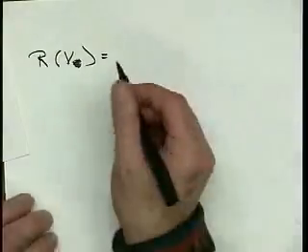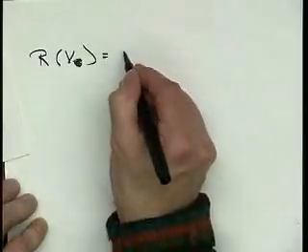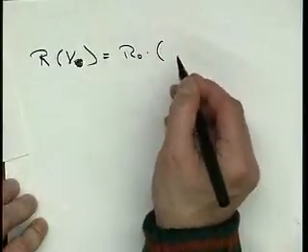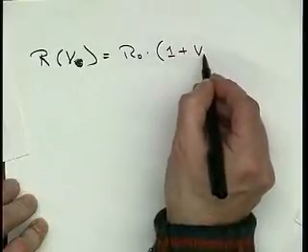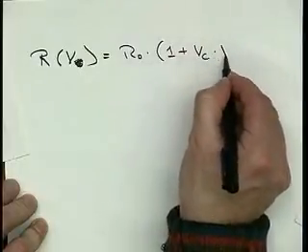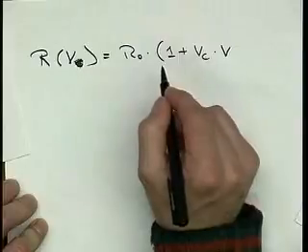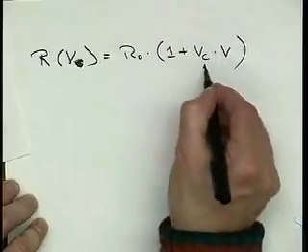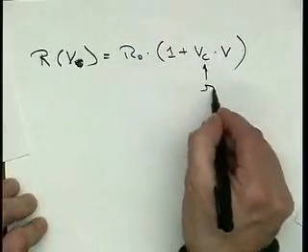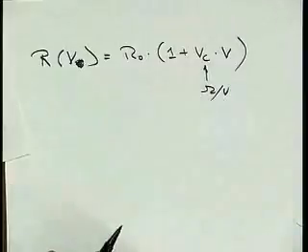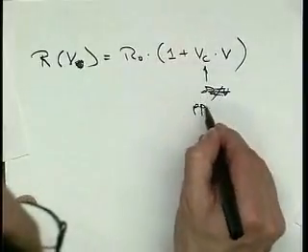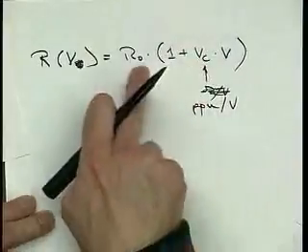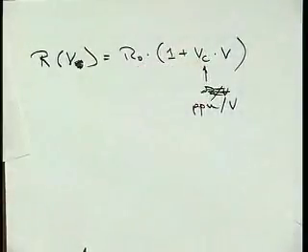Yeah, V. R of V is equal to R0 times 1 plus Vc times V. And this Vc is in ohms per volt. Oh no, actually it's in ppm per volt, because I multiply with the resistor later.